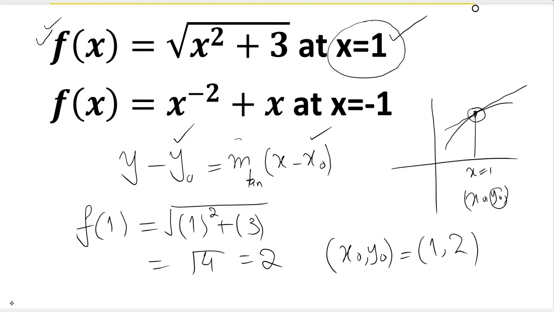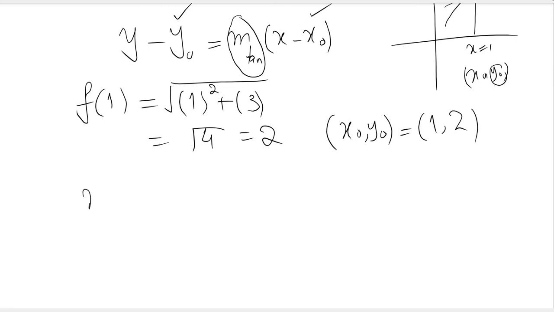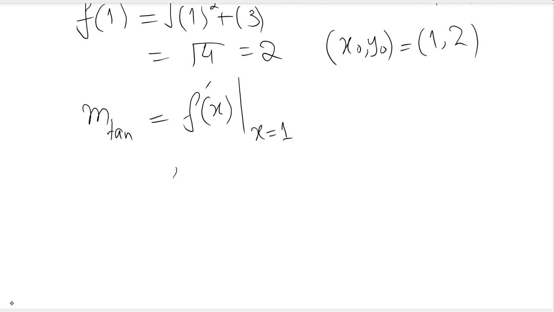Now we are looking for the slope of the tangent line, which is the derivative of the function at that point, x equals 1. So we first need to find the derivative of the function, which is the square root of x squared plus 3.